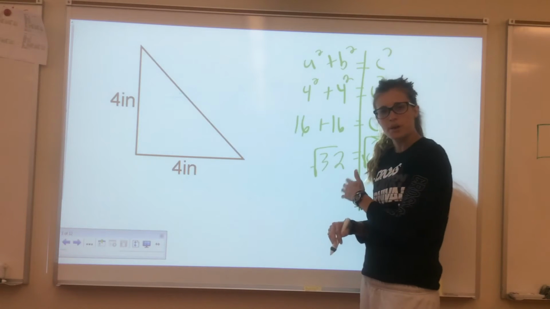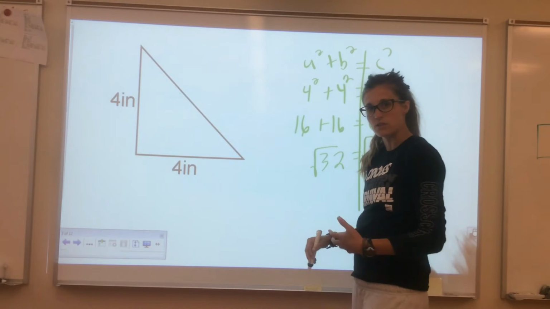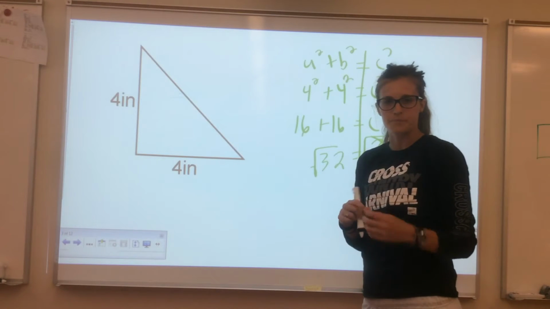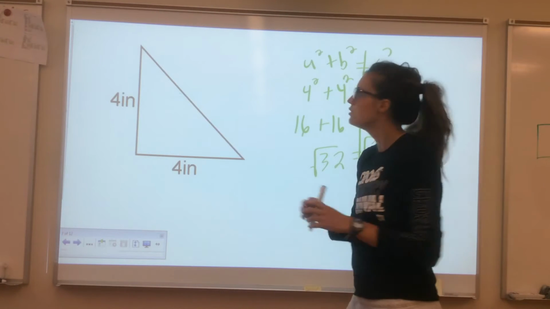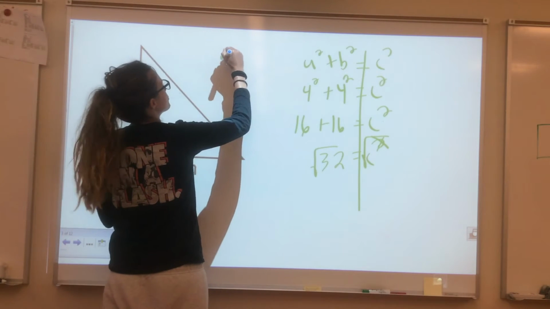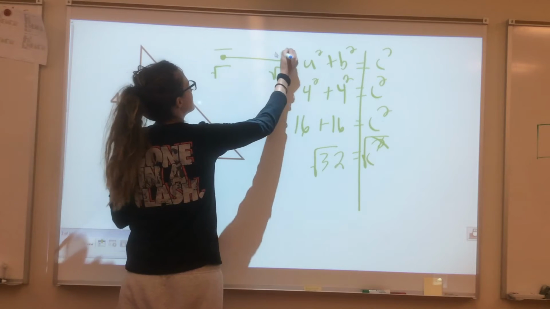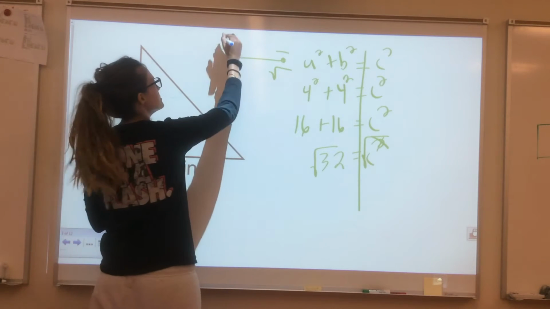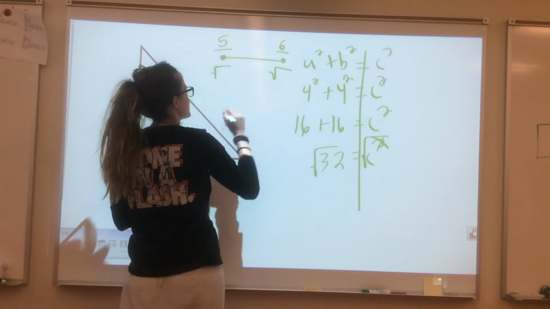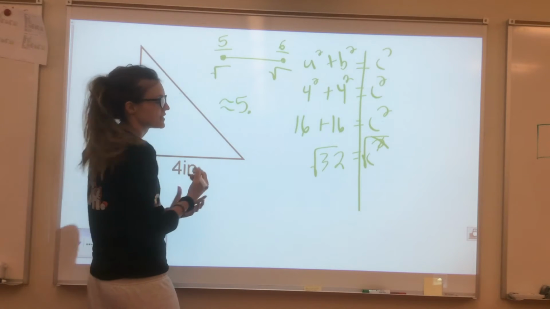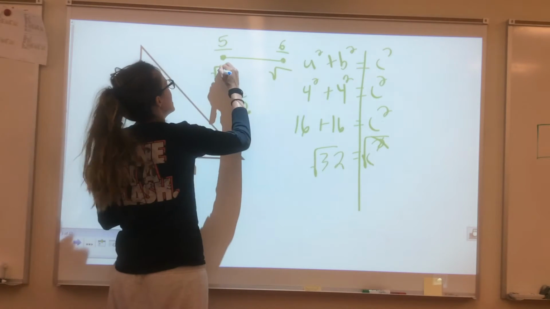Last step is to square root, and that gets rid of that squared. And this time, it's not a perfect square, so we're going to have to estimate the square root of 32. You can draw the thing that I usually do, where it's kind of a short number line. The square root of 32 is in between 5 and 6, so that means it's going to be about 5 point something. And now we just have to estimate the decimal.